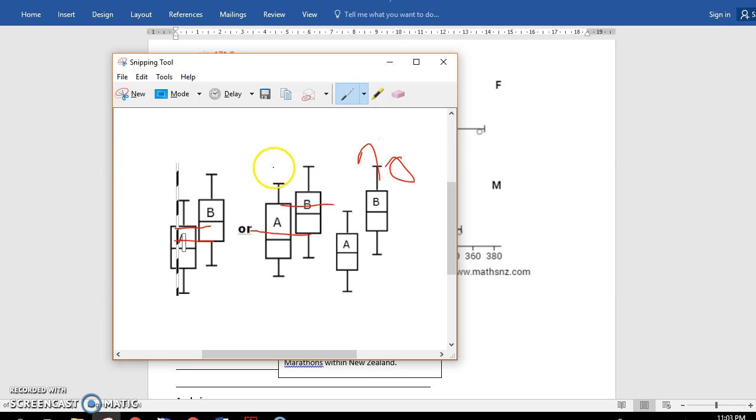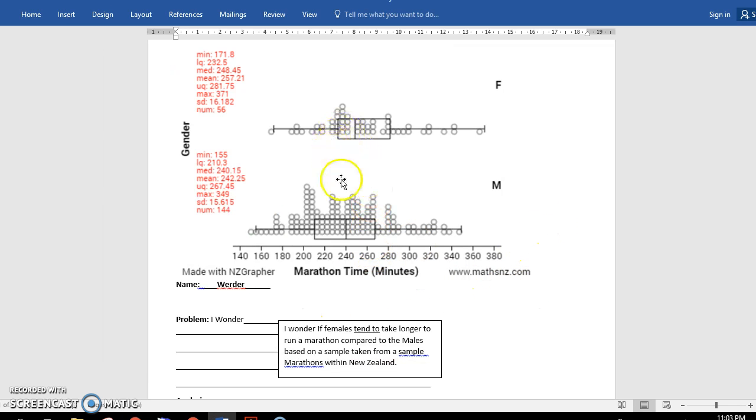Let's see how ours looks. This one's got quite a bit of overlap, I would say quite a bit. We're going to go into a little more detail with that when we start trying to make a call, but for the time being, you can say there's quite a bit of overlap.